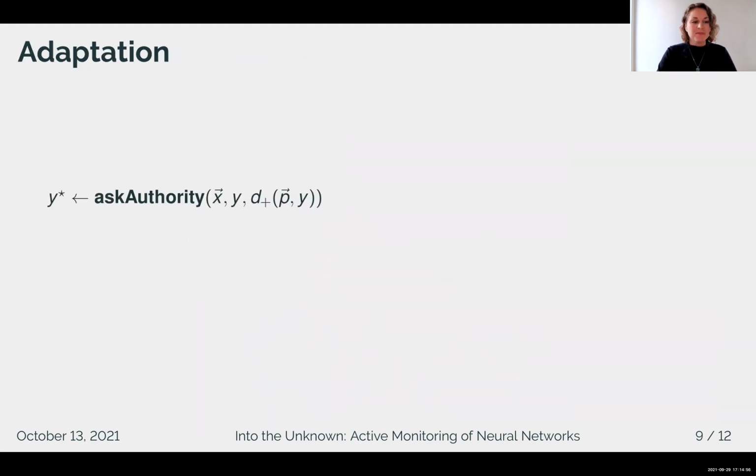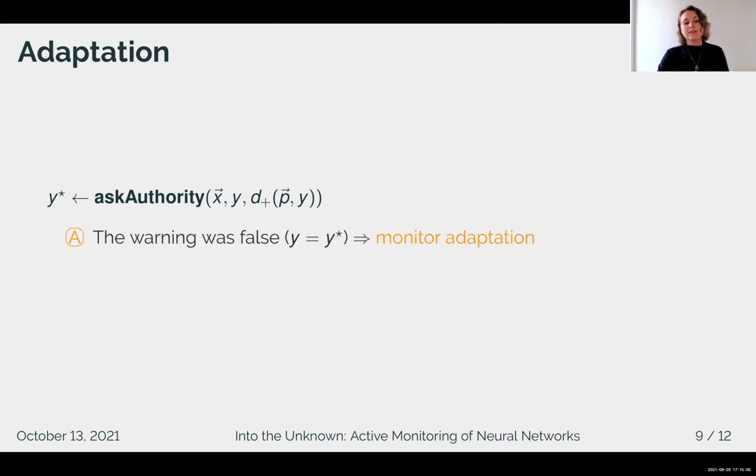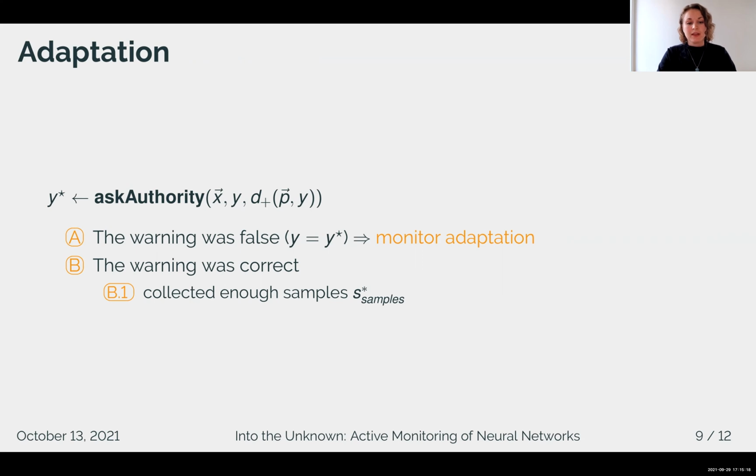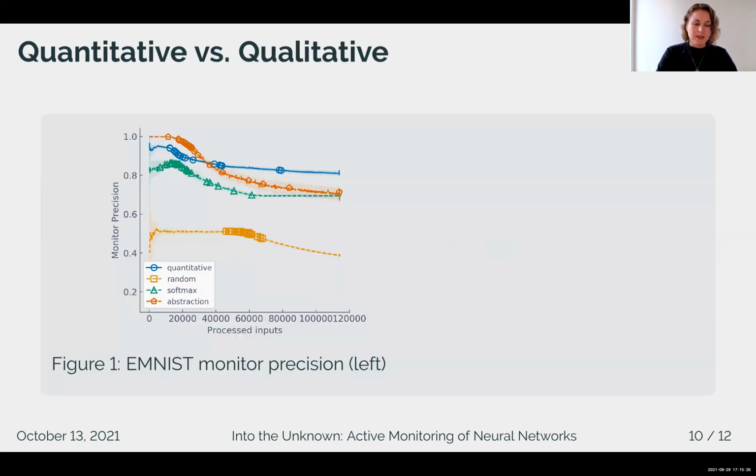This adaptation happens by first asking the authority what the label of a novelty should be. Then either the authority tells us that the neural network was actually correct, and we need to adapt our monitor, or the neural network was wrong, and we need to collect enough samples and adapt the model itself. So this is the adaptation stage.